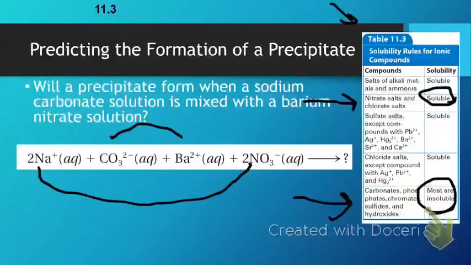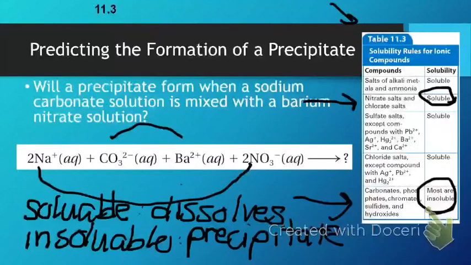So that is going to be our precipitate. To reiterate that, if your combination of anion, cation, say soluble in the chart, it will dissolve. If you look at the chart and that combination is insoluble, that means it's your precipitate.